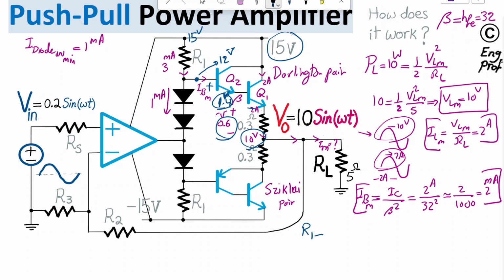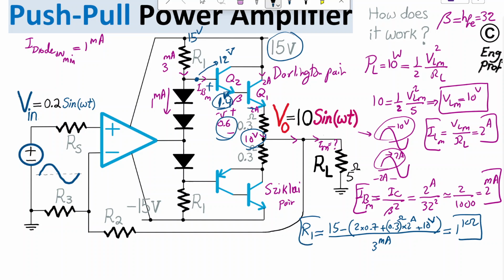So I can find R1 equal to 15 minus, and I'm going to write it here, 2 times 0.7 volt for the VBE of the BJT transistors, plus 0.3 ohm times the 2 amp, plus the 10 volt maximum voltage swing at the output, and then divide by the 3 milliamp that is supposed to go through this R1 resistor. As a result, the R1 resistor becomes 1 kilo ohm.